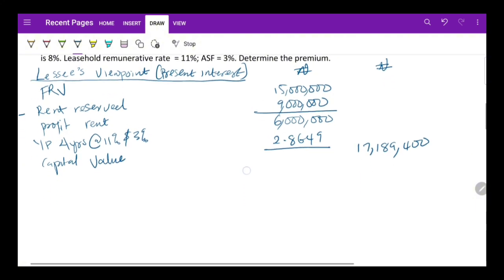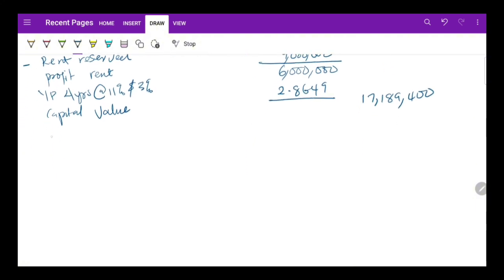So we now go ahead to value for the proposed interest. The proposed interest still for the lessee. So for the proposed interest, we have FRV is still 15 million naira.